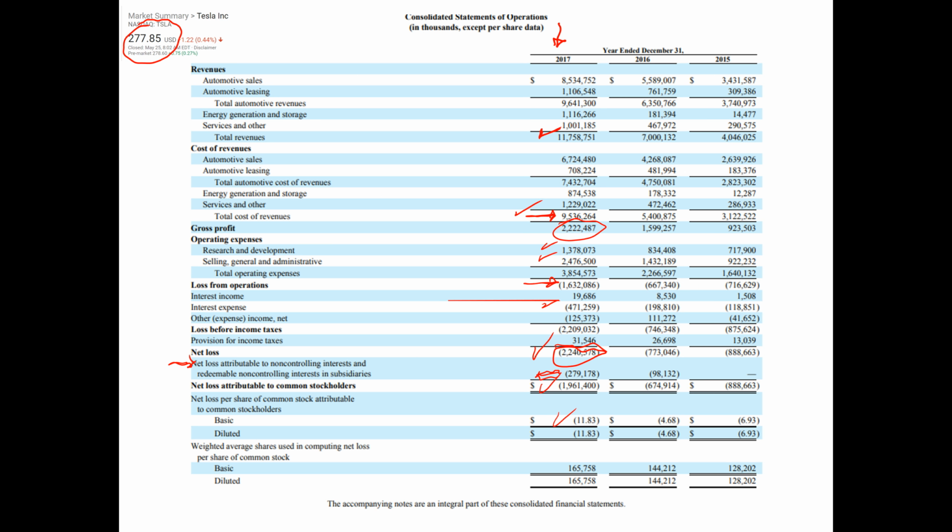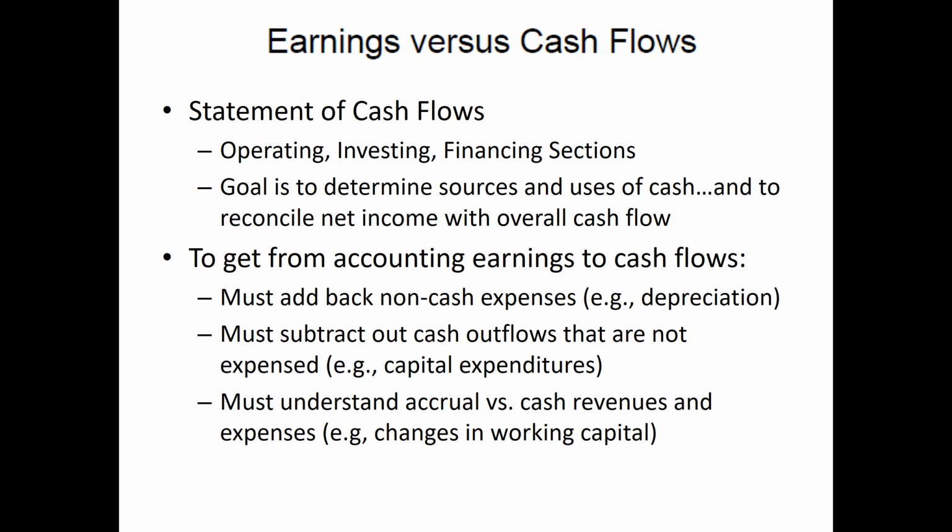So we also have to look at cash flows in addition to that. For example, if my customer pays me cash, but I have not yet earned it by providing them with a product or service, then cash goes in, but I can't count it as revenue because I didn't earn it yet.